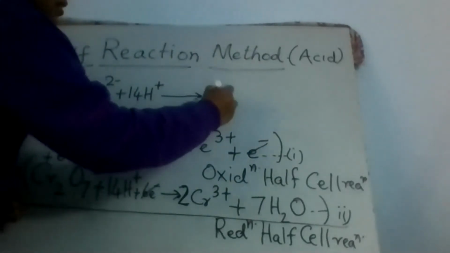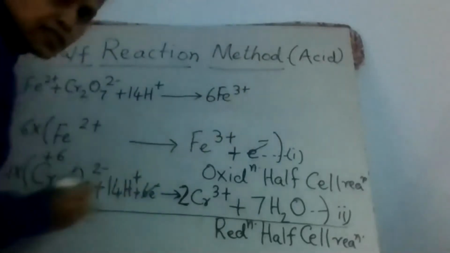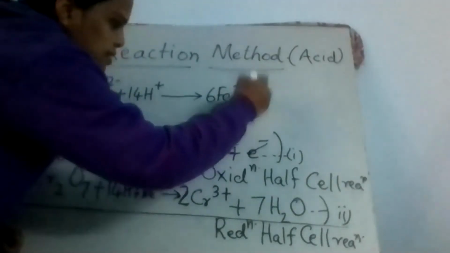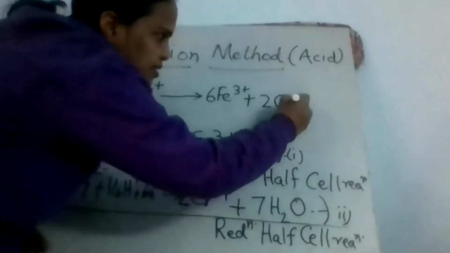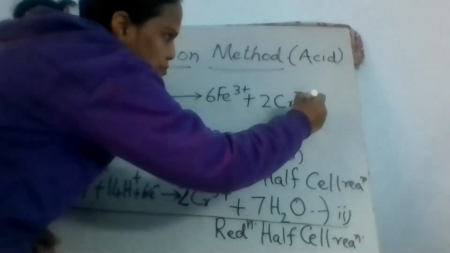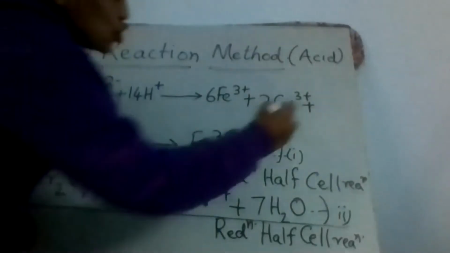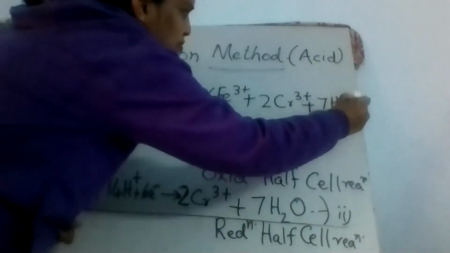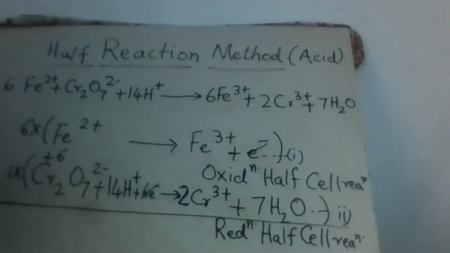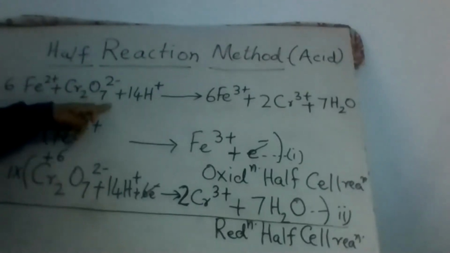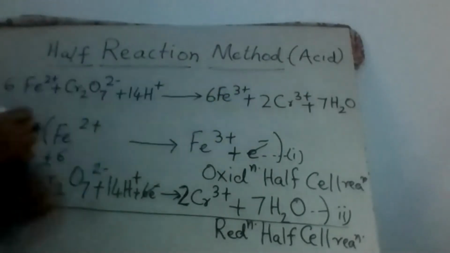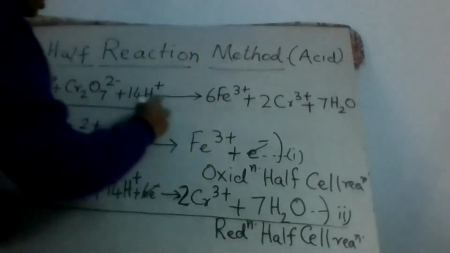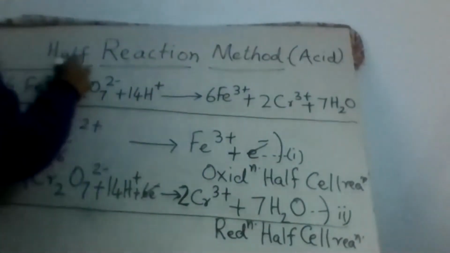Gives 6Fe3+, 2Cr3+, 7H2O. So my answer after balancing comes out to be 6Fe2+ plus Cr2O7 2 minus plus 14H plus gives 6Fe3+ plus 2Cr in +3 state plus 7H2O respectively.